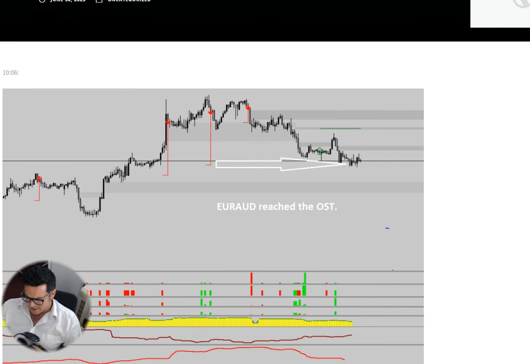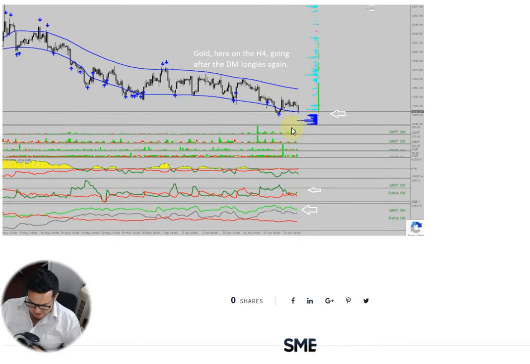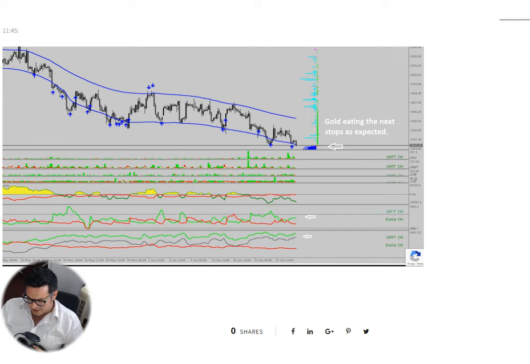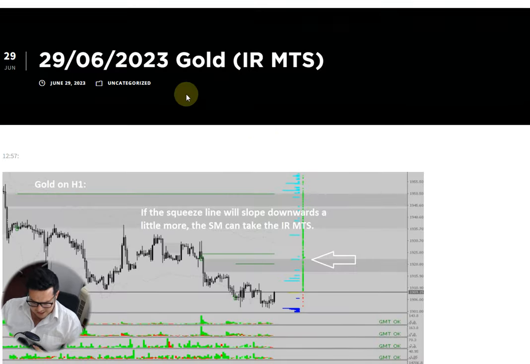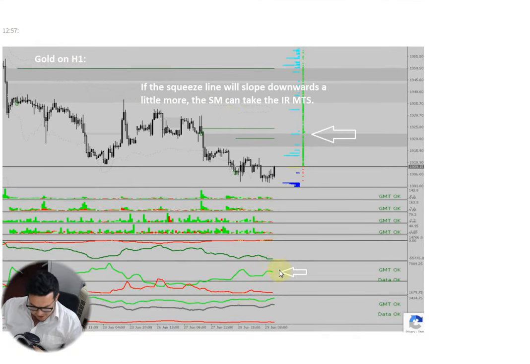Okay, let's continue. Let's go to gold. At the beginning of the week, look, it went down against the longies, took the stops, and then the following happens. They go down, clearing the low, the usual business against the dummy longies, and then on the 29th, look at that. We have two inner range stops. However, we have an expanding squeeze line, so we cannot just buy towards the stops yet. This needs to point down more so that we know that longies are leaving the market.